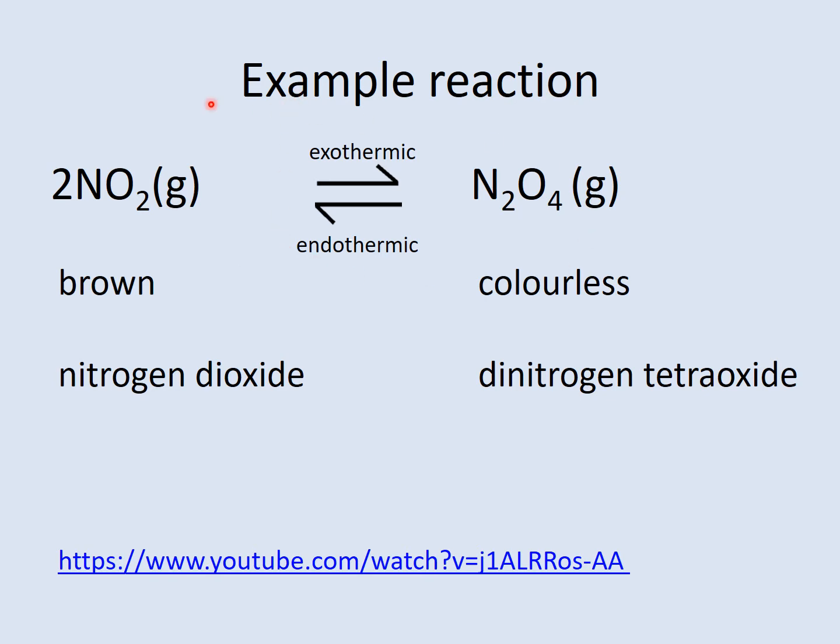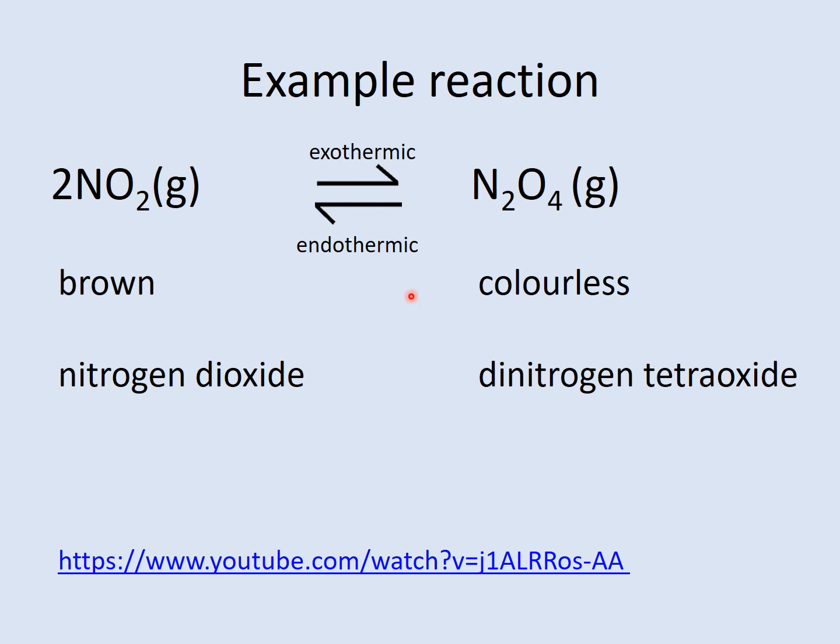So if this was obviously in a closed system, you would have a mixture of brown and colourless gases, and so it would obviously look sort of light brownish, I guess. If you were to then cool this down, so make it colder, of course what Le Chatelier's principle tells us is that the system will then try and oppose the change.